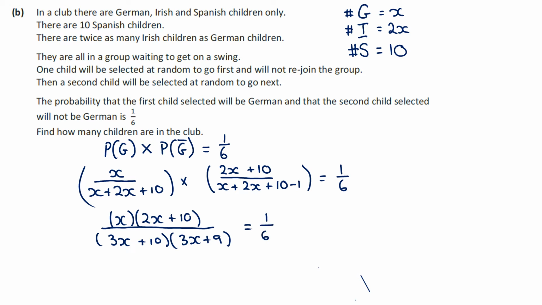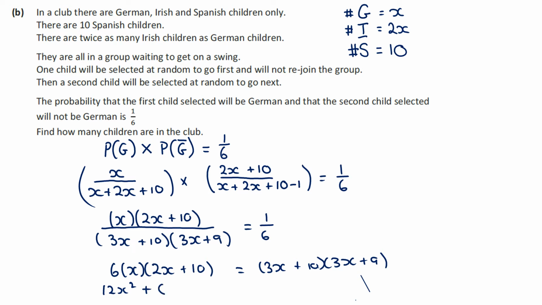Now, multiplying by the denominators, we'll get 6 times X times 2X plus 10 on that side, and that equals 3X plus 10 by 3X plus 9. So we can multiply all this out. We get 6X by 2X, that's 12X squared. 6X by 10 is plus 60X.